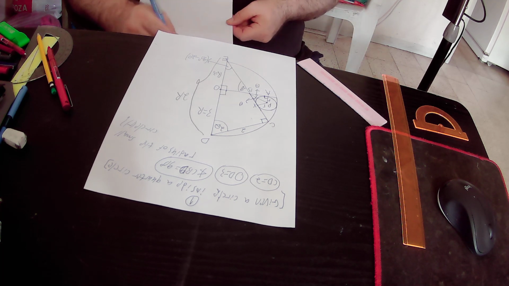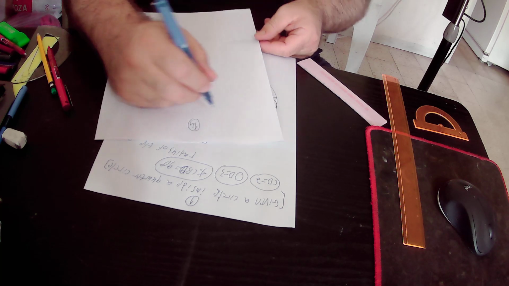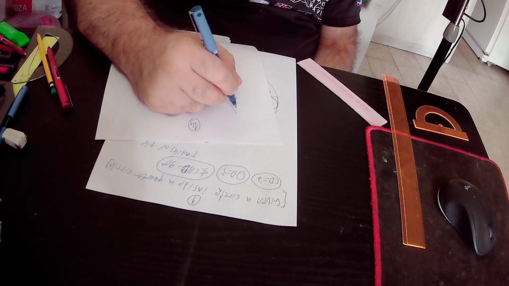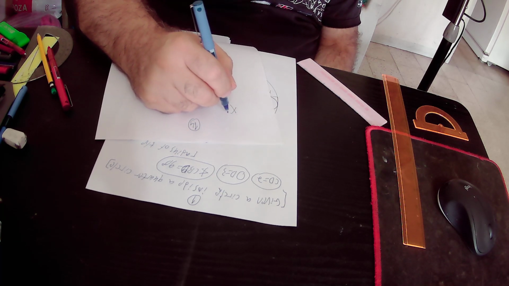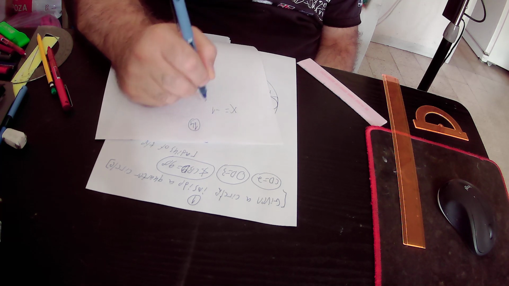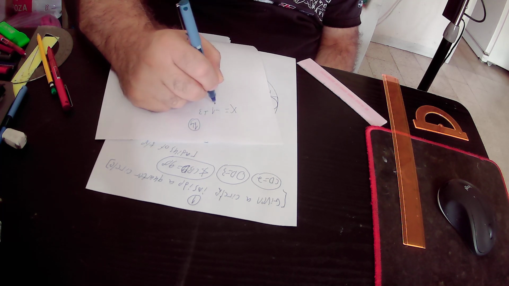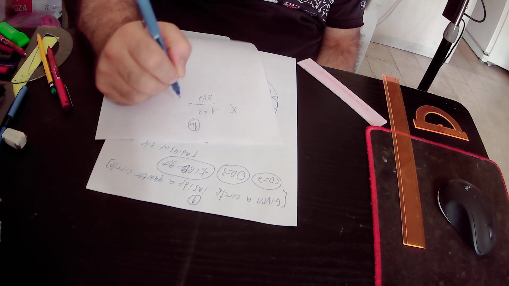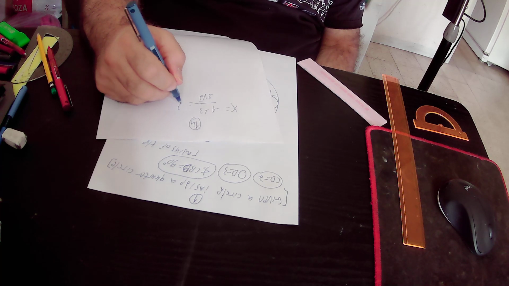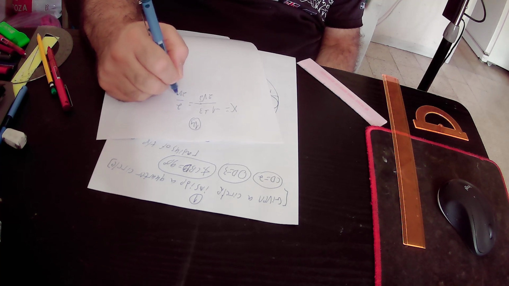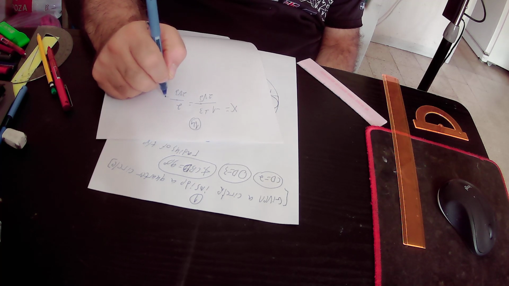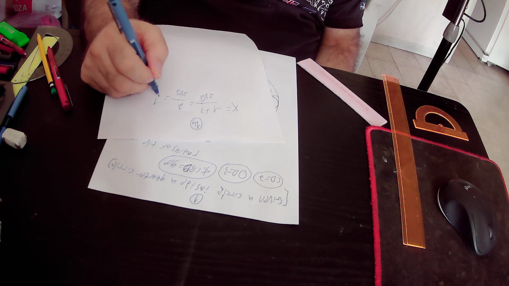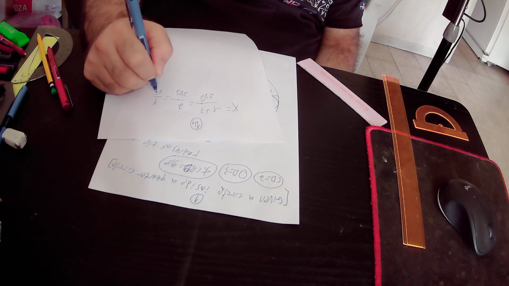That x equals minus 1 plus 3 over 2 times root 2, and minus 1 plus 3 is 2, over 2 times root 2. 2 over 2 is 1 over root 2.